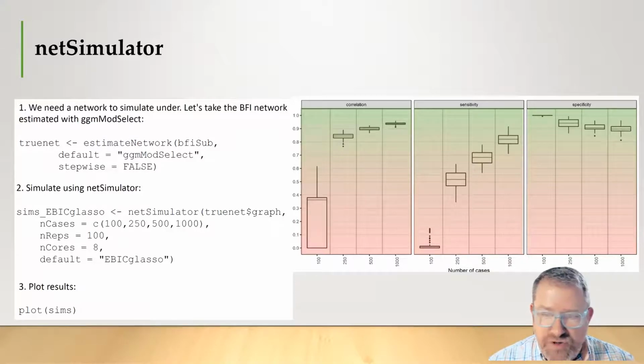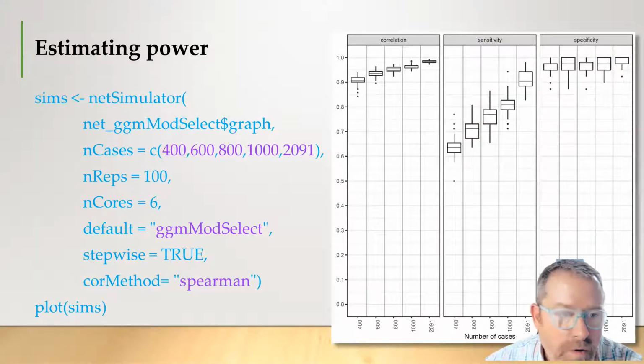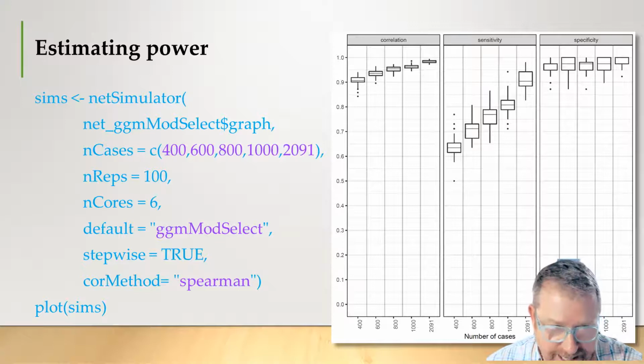This is directly out of Sasha's paper, but I'm going to show you it here. So I ran net simulator. I put my graph in, the same one that I graphed in those previous codes, as the model that we should be getting. And then I told it a bunch of sample sizes to estimate these things for.